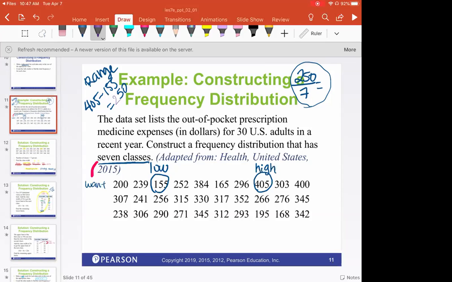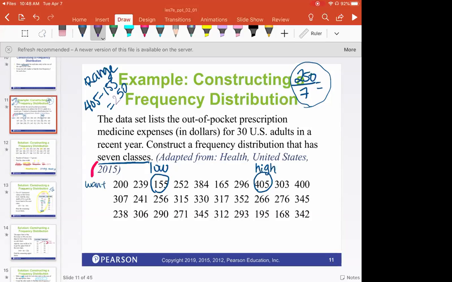So let's read this again. The data set lists out-of-pocket prescription medicine expenses in dollars for 30 US adults in a recent year. So this is how much people paid out of pocket for the medicine. It ranged from 155 to 405, the most out of these 30 people they surveyed.